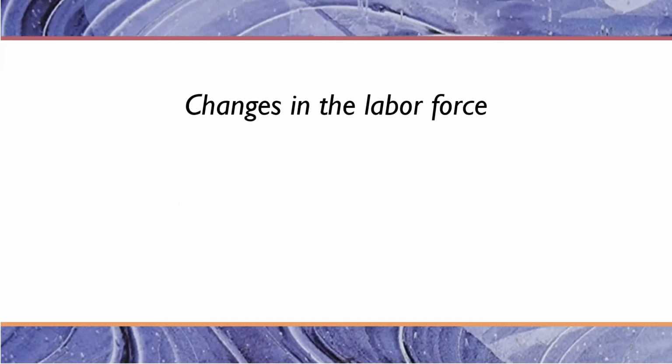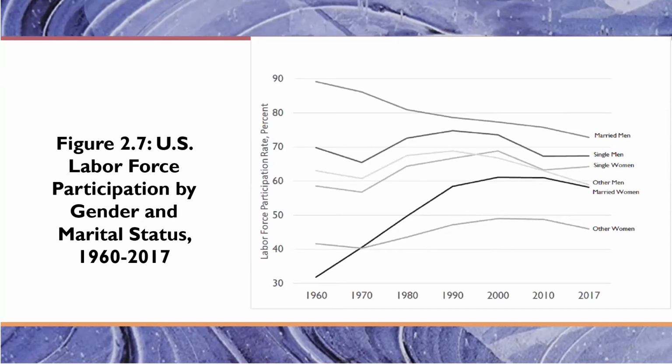Now, the next change I want to show is social changes in the nature and the composition of the labor force. This is really important because of the 2008 to 2009 economic crisis and the recession. As you can see in these charts, that recession is reflected in some of these numbers. For example, married men as a percentage of the workforce has declined from just less than 90% in 1960 to just over 70% in 2017.